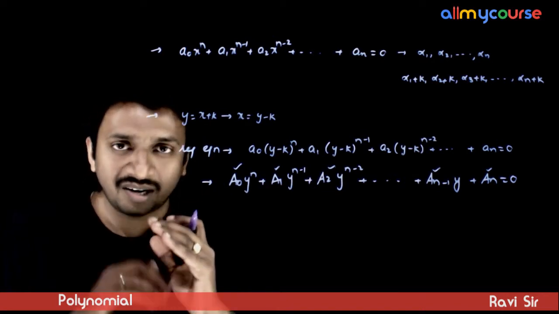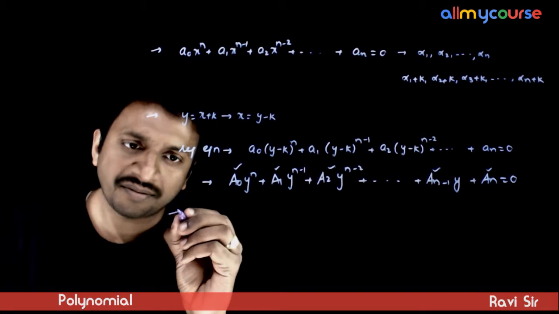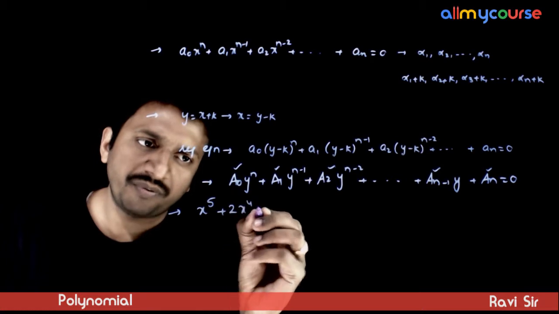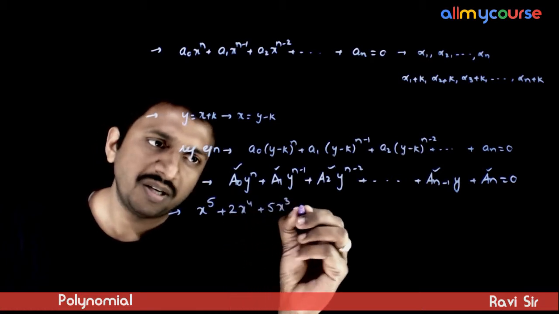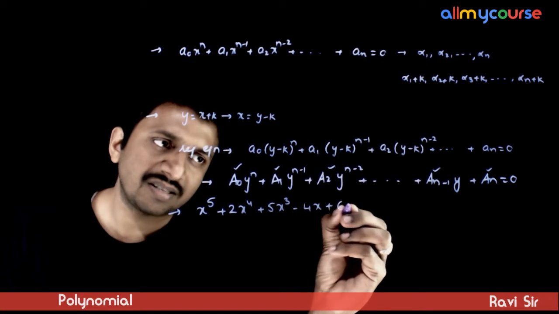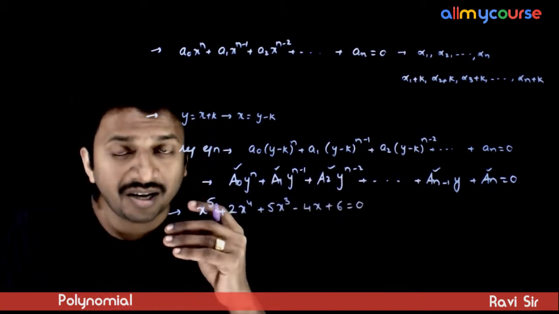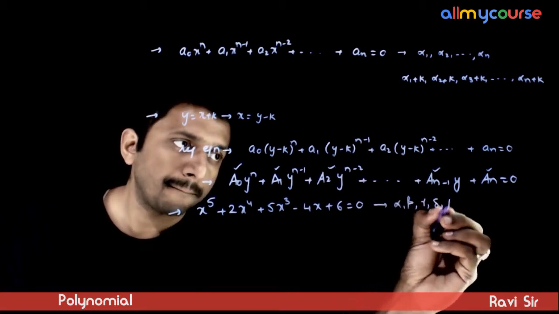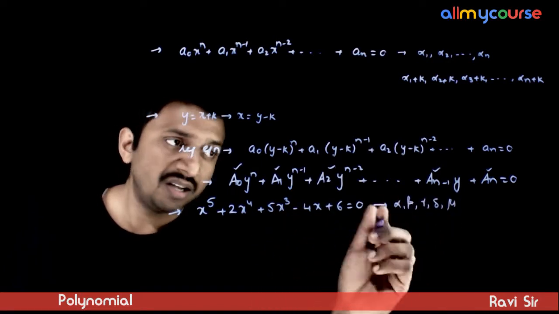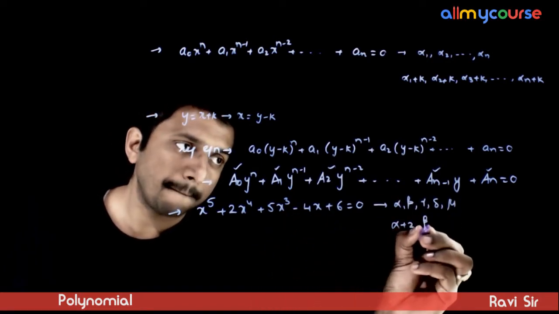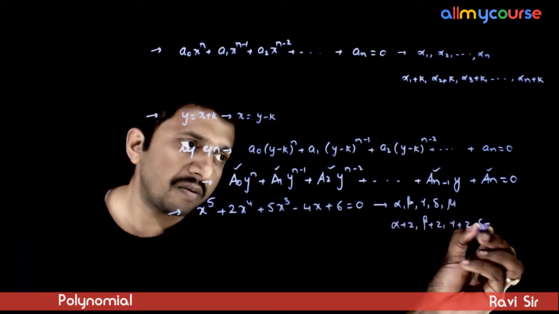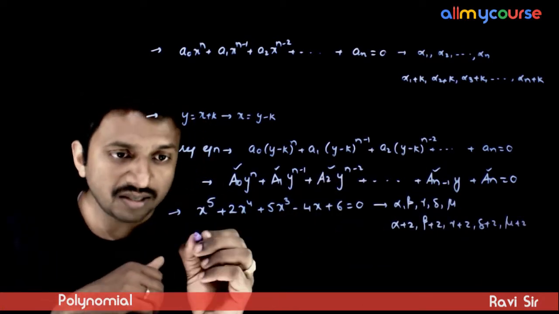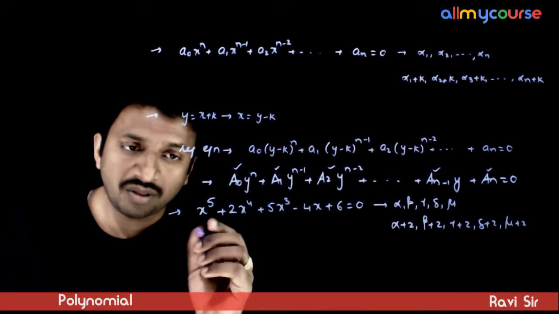Let us take an example to see the difficulty here. If you have an equation of the form x^5 + 2x^4 + 5x^3 - 4x + 6 = 0, and you want an equation whose roots exceed the roots of this equation by 2, what you need to do is put y - 2 in the place of x.